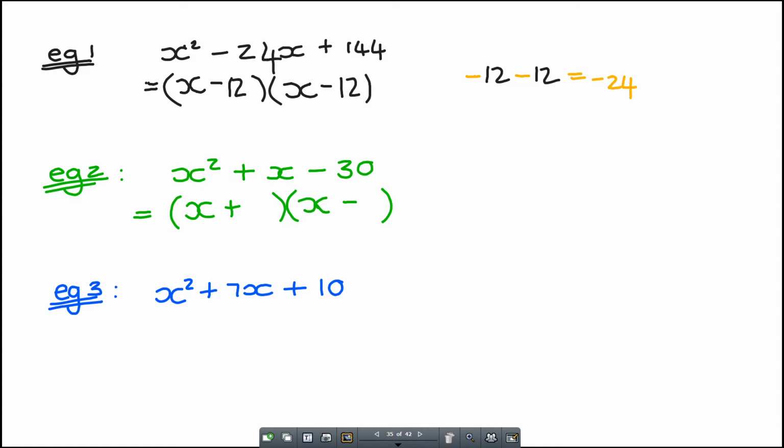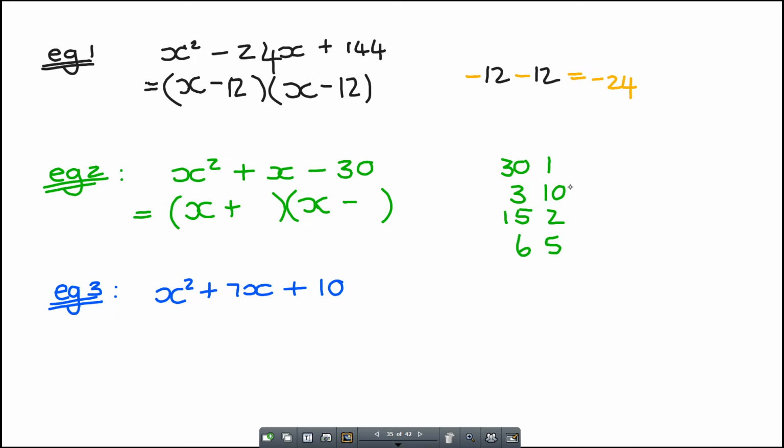Okay, so what do we write in those brackets? We look for factors of 30, and that would be 30 times 1, or 3 times 10, or 15 times 2, or 6 times 5.